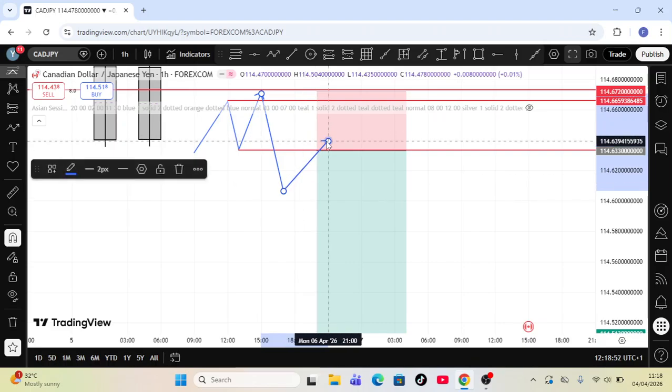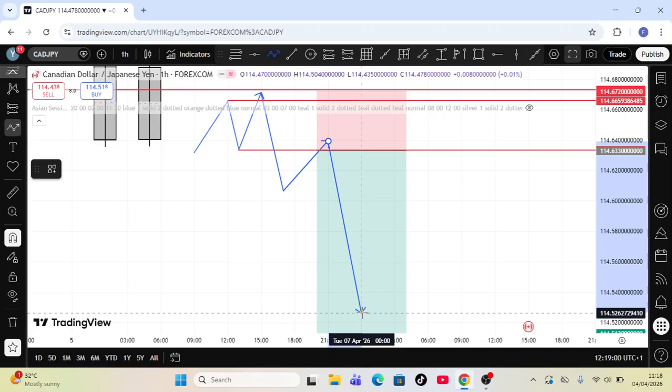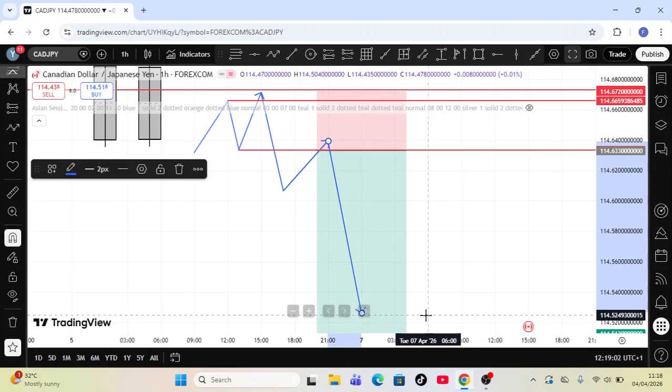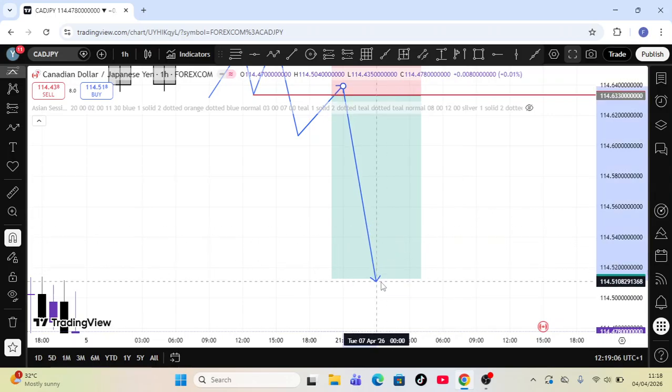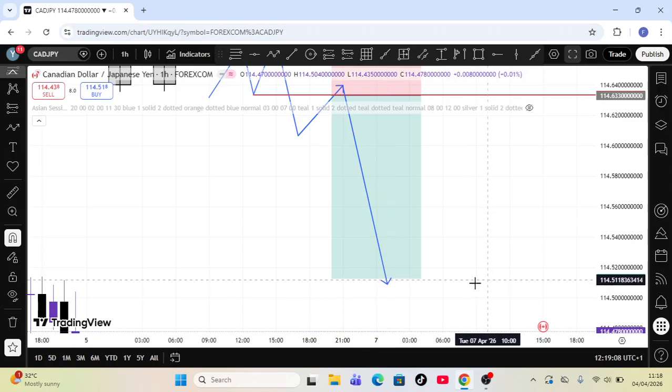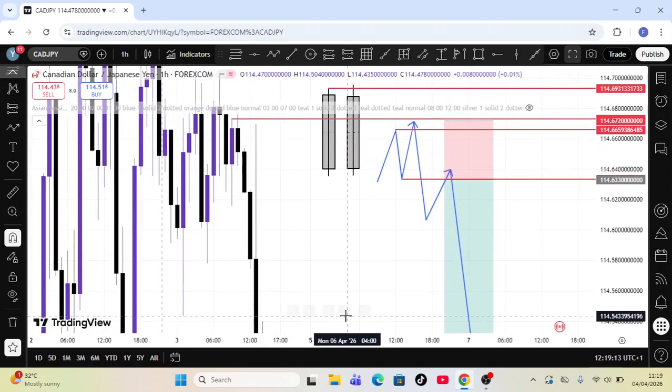Market will come back, retest, and what? Boom. And follow your direction. And you hit what? TP. Simple as that. That's the strategy.